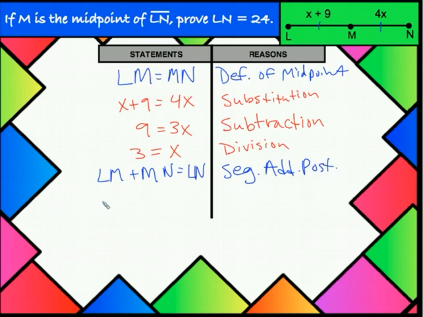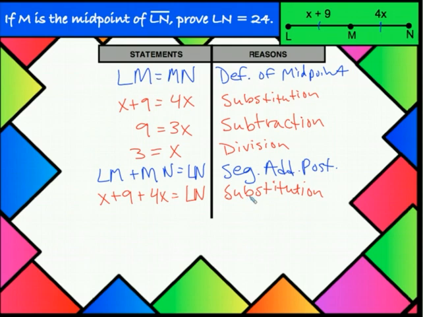So then we substitute in x plus 9 plus 4x equals LN. Now you can combine like terms if you want, but you actually don't have to. You can go ahead and plug in these. Sorry, I just realized I wrote substitute. I meant try substitution. Now, I've told you before that if the reason is the same, you can do it all in one step.